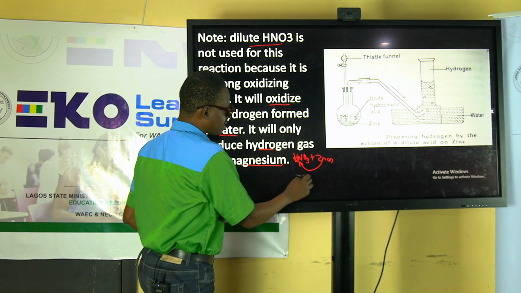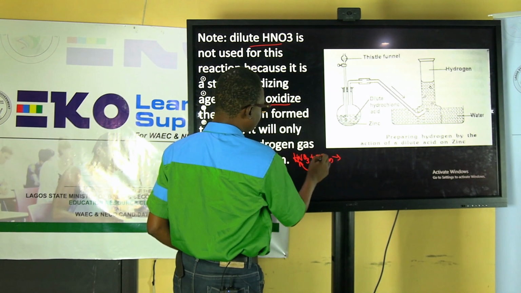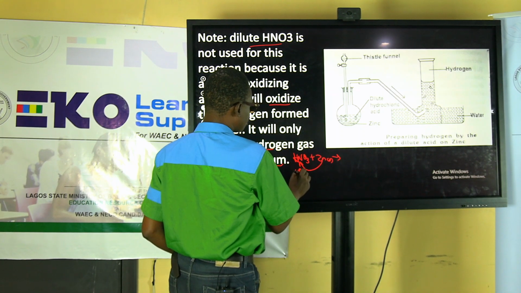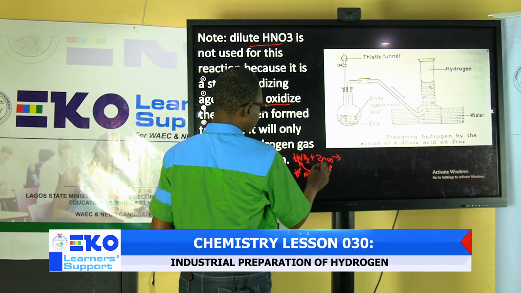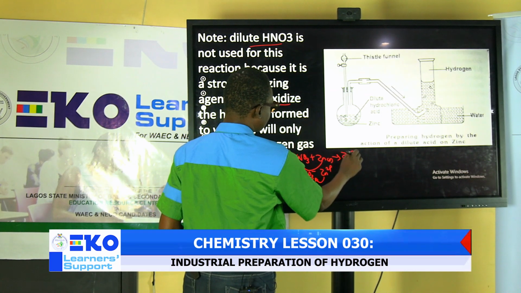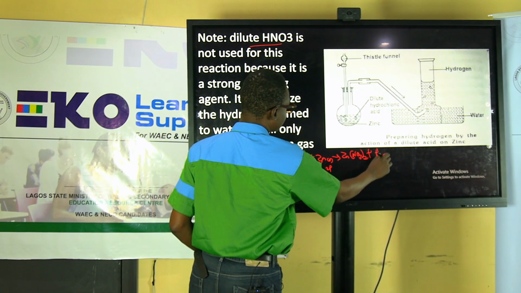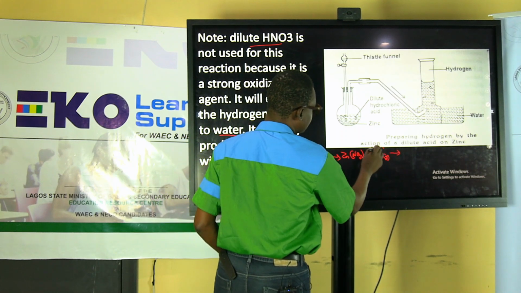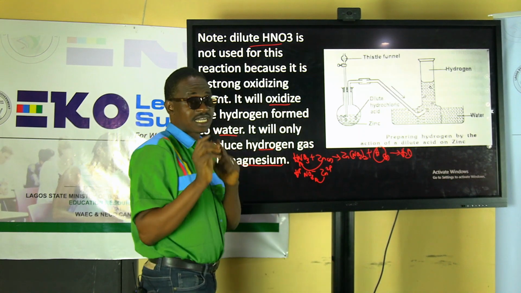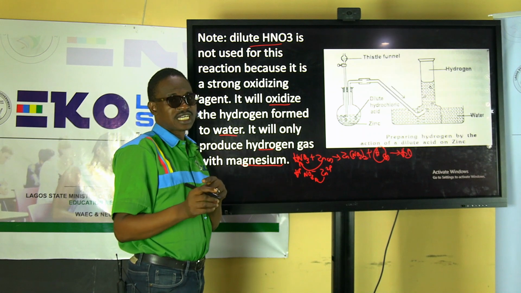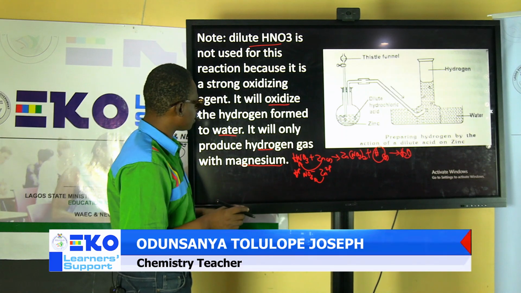So zinc will displace this, to give H plus, NO3 minus, and zinc 2 plus, then H2 gas. But because it's a strong oxidizing agent, this will further oxidize into H2O. That is why it is not advisable for us to use dilute HNO3 when we are preparing hydrogen in the laboratory. Good.